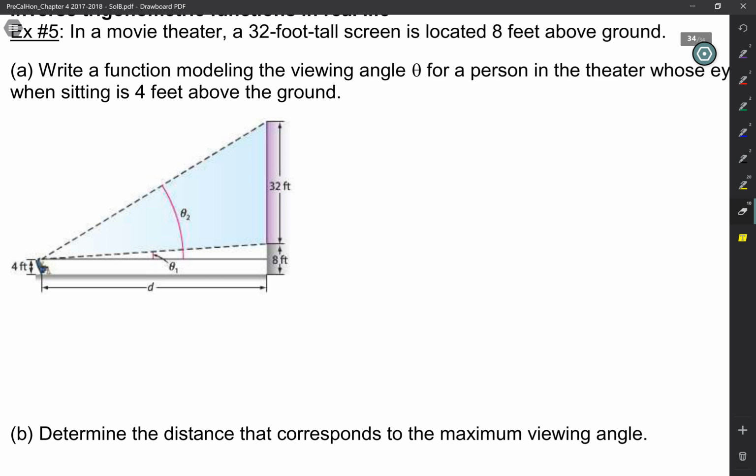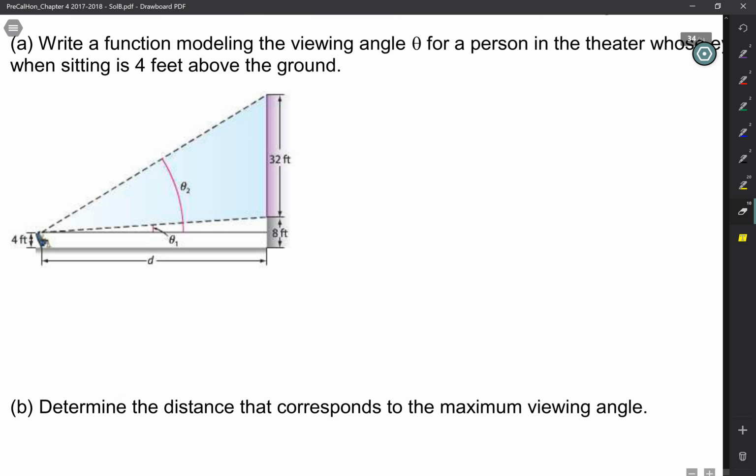The angle for which you want to write an equation is just the viewing angle. So just the part between the dotted lines would be what? Theta 2 minus theta 1. So your viewing angle theta is theta 2 minus theta 1.